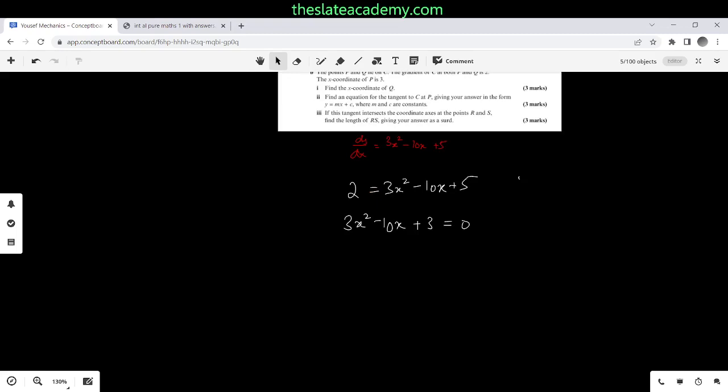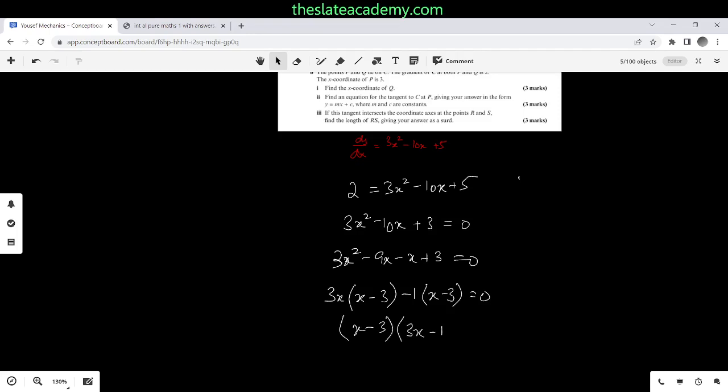To solve this quadratic equation, I will have 3x squared minus 9x minus x plus 3 is equal to 0. So 3x common, x minus 3, minus 1 common, x minus 3 is equal to 0. So I get x minus 3 and 3x minus 1 is equal to 0. So x is equal to 3 and x is equal to 1 over 3.